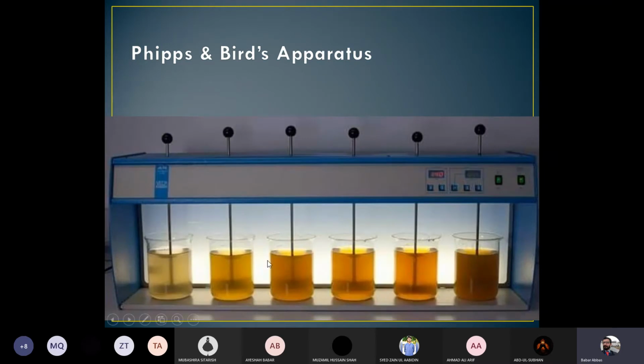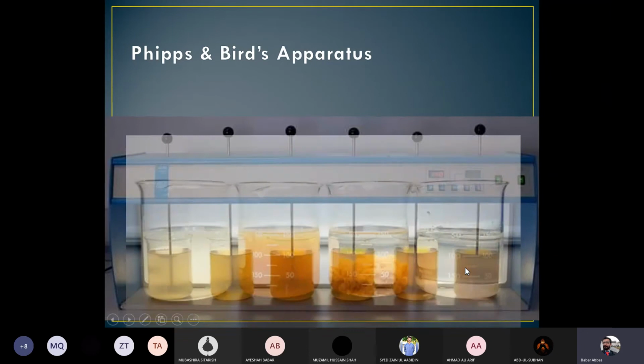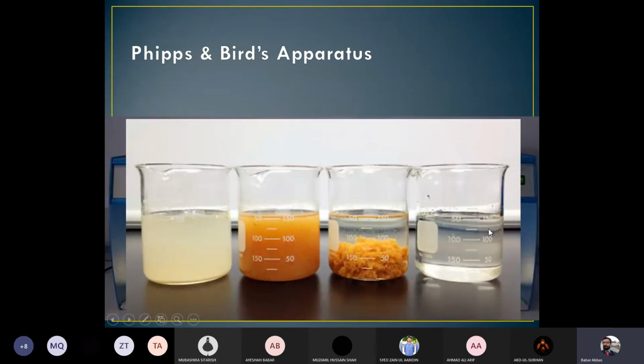So when you have the values against each beaker, then you take the volume from this final treated water and you measure or observe it in a turbidity meter. When you measure it in the turbidity meter, then you come across the readings of which jar's treatment was the most efficient.